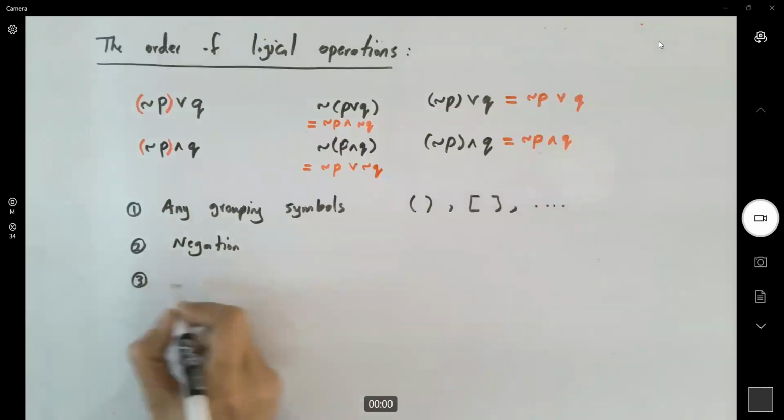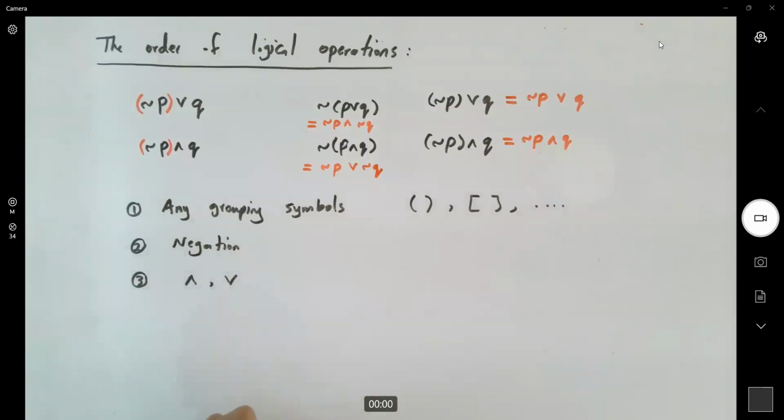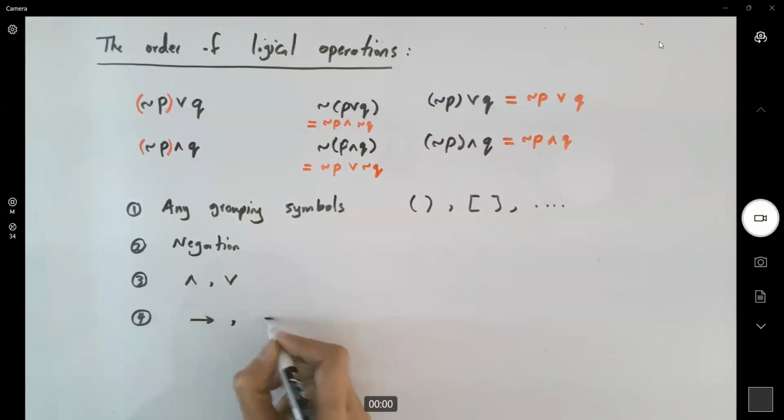The third one is and, or. So you need to evaluate and, or then. And finally, you're going to work with implication and biconditional.